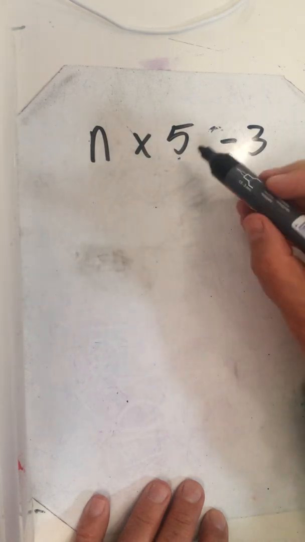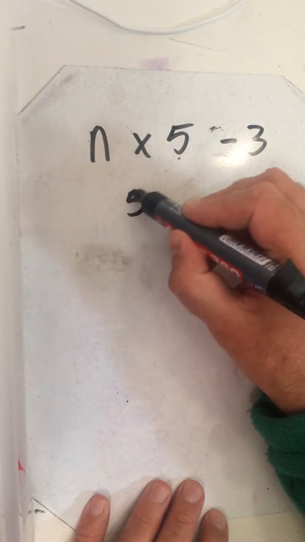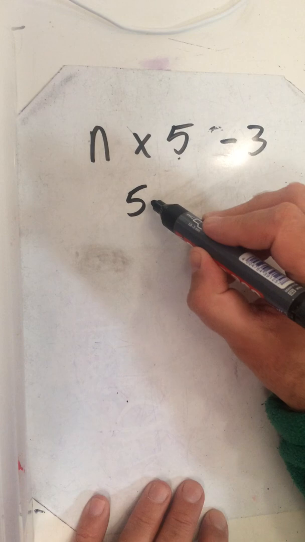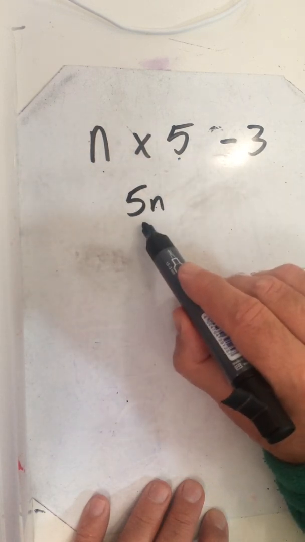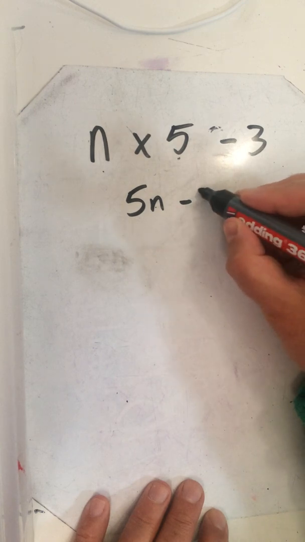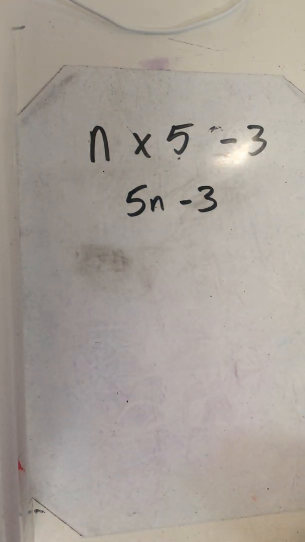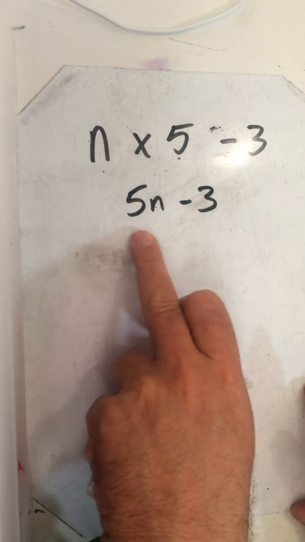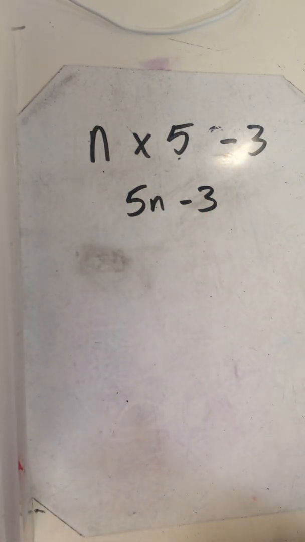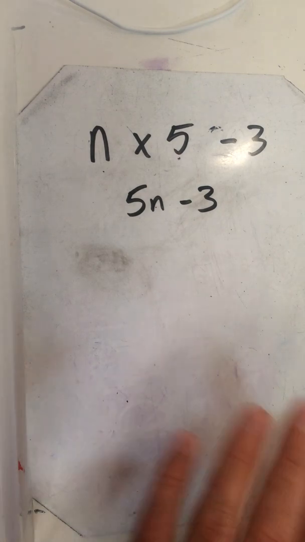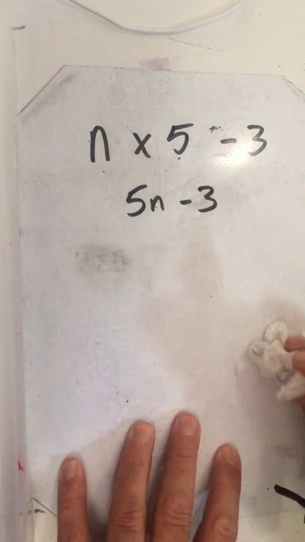I put the number first, 5, and I don't need my times sign, so n times 5 is just the same as 5n. I'm going to take away 3, and that is my expression. That's my algebraic expression: 5n take away 3.